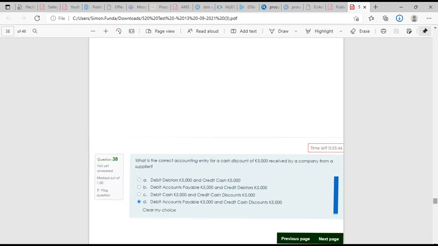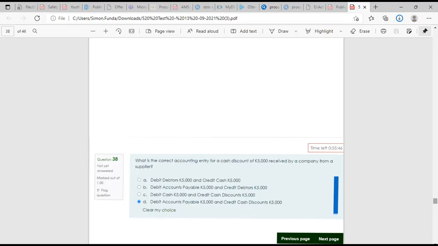The supplier account or the accounts payable, and the cash discount.